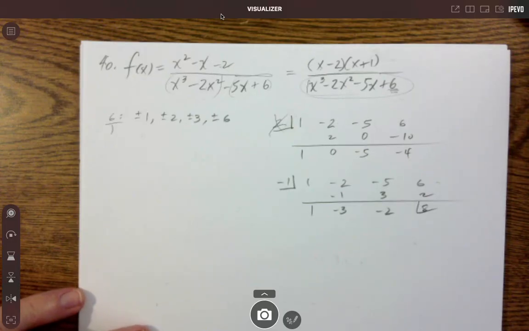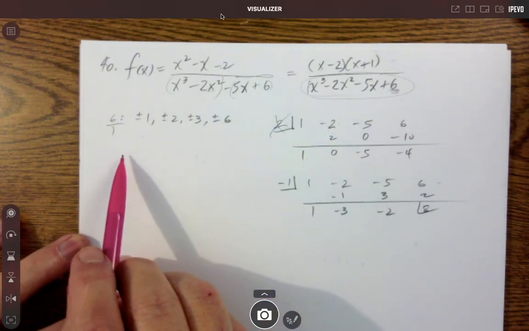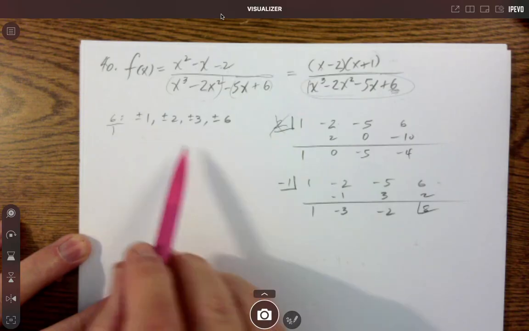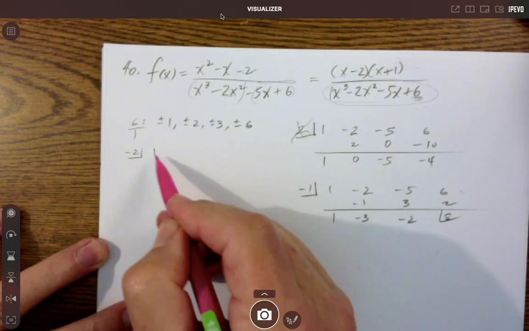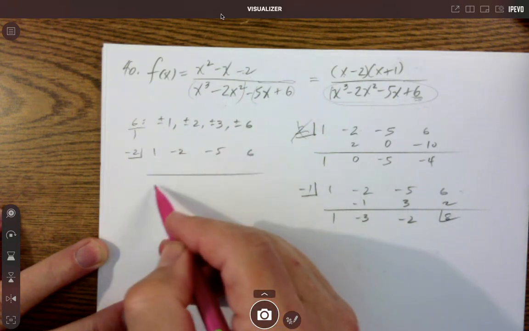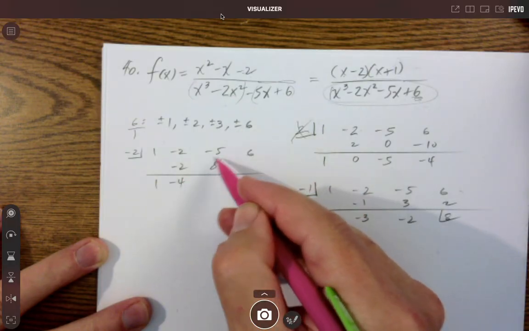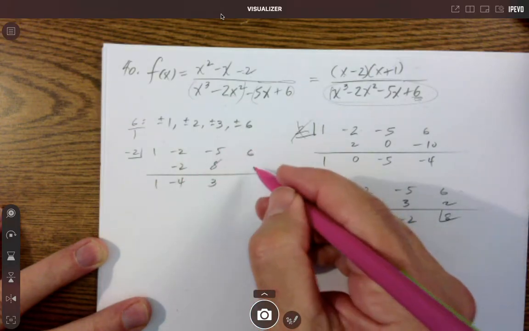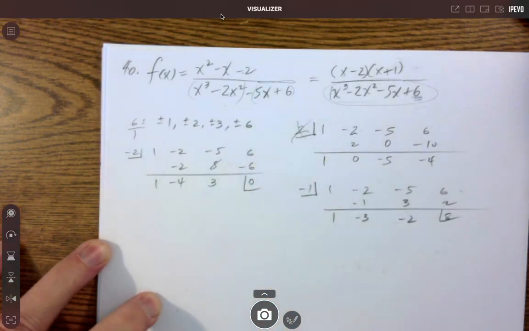What else could I try? Let's try negative 2. Negative 2, negative 4, 8, 3, negative 6. Yay, I got lucky and I found one.